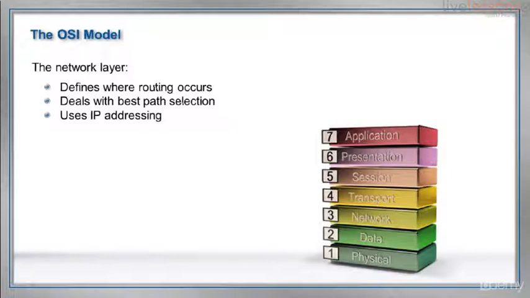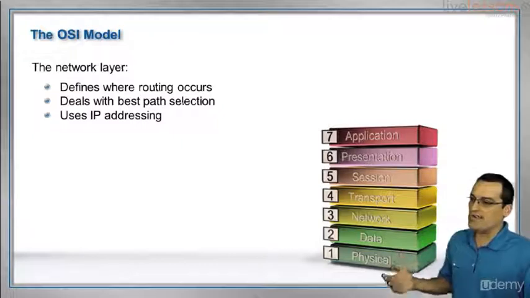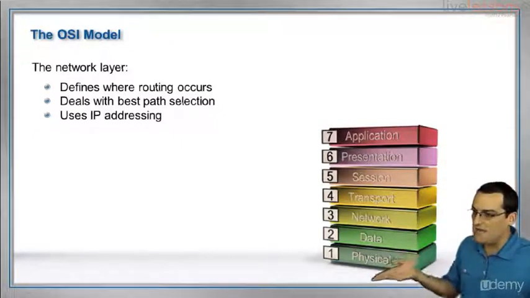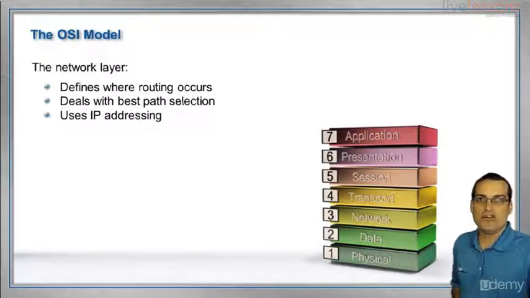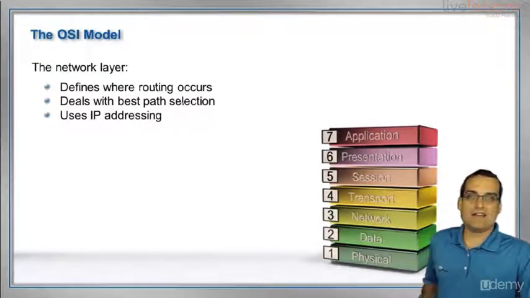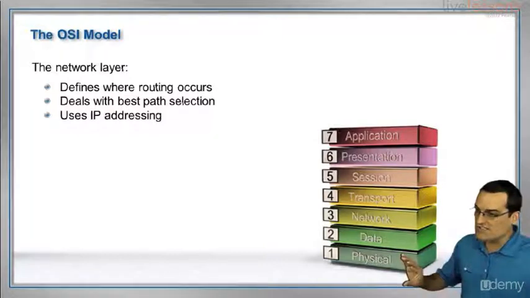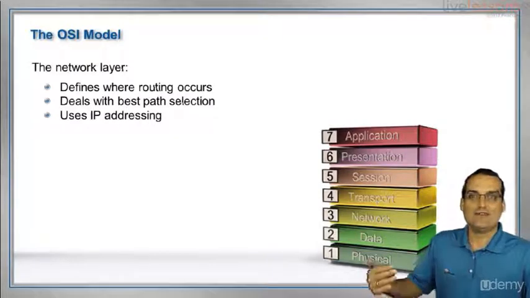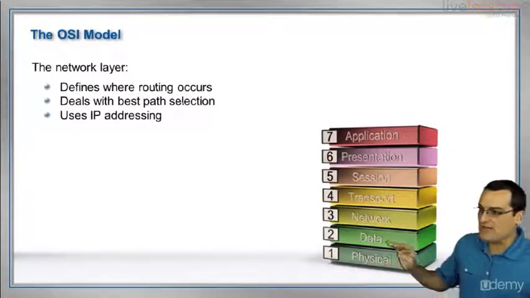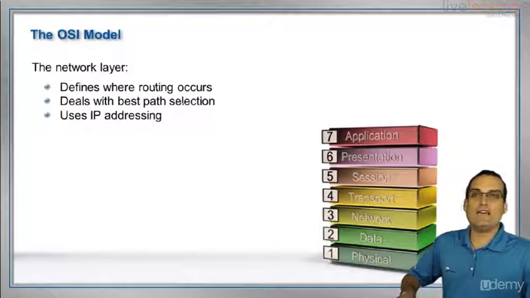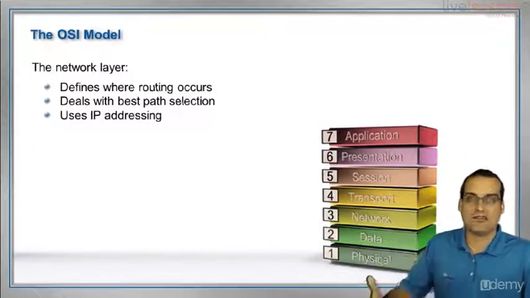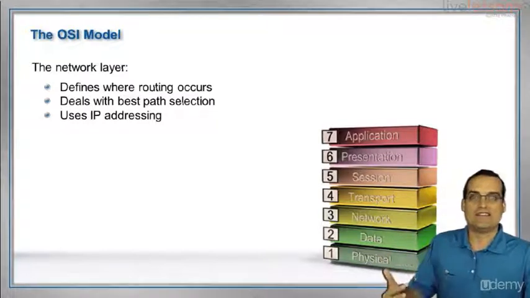Remember how I said this model can really help us to troubleshoot? Well, one of the ways in which it can work is that when you start troubleshooting, you can choose to do what we call a bottom-up approach. If someone says, I cannot connect to the internet, you go to their workstation and you check the physical layer. Are they plugged in to the network? Then you check the data link layer. Do they have their MAC address burned into the device? Are they connected to a layer 2 switch to access the network?